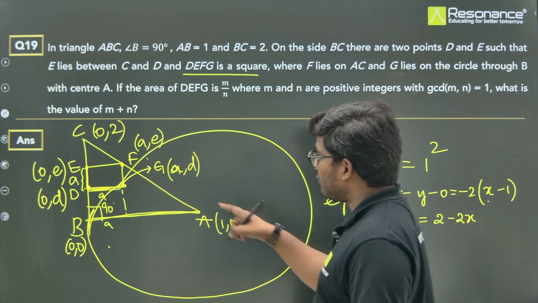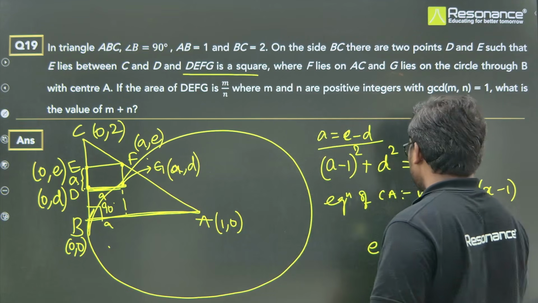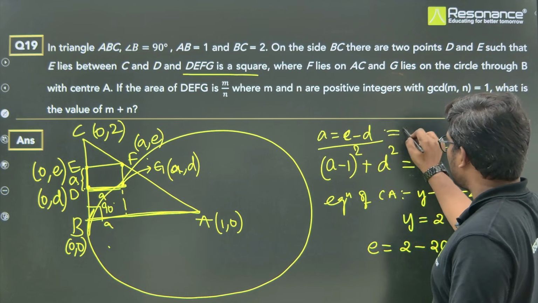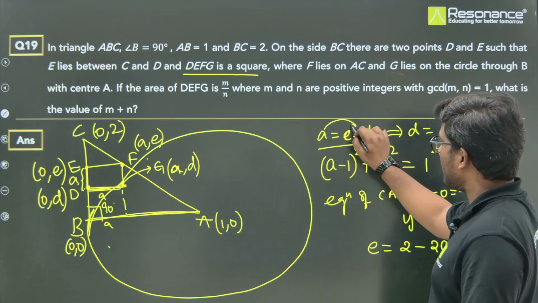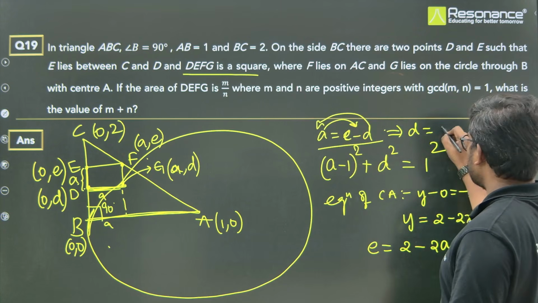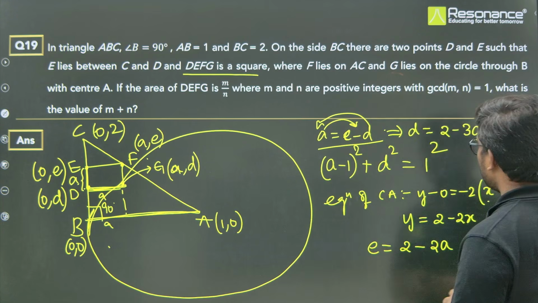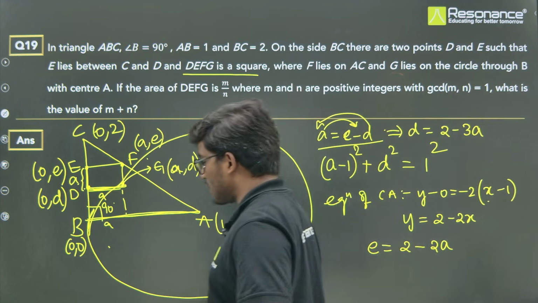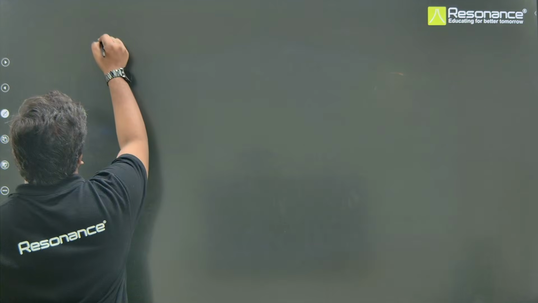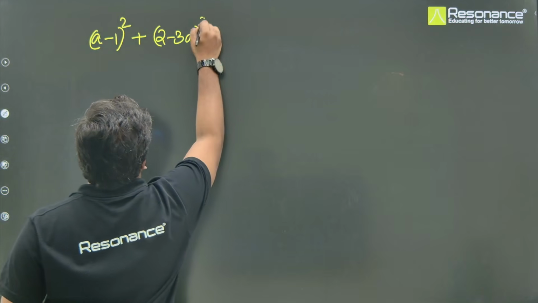F lies on this line, so E is 2 minus 2a, and from that D is E minus a, which is 2 minus 2a minus a, 2 minus 3a. So (a minus 1) whole square plus (2 minus 3a) whole square equals 1. So this is our equation.